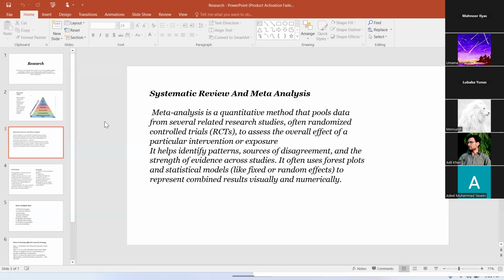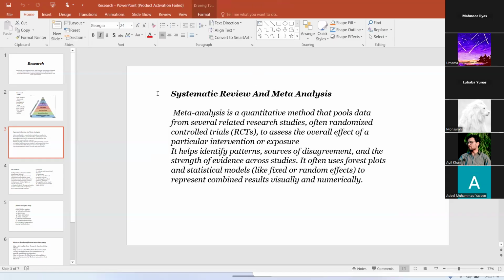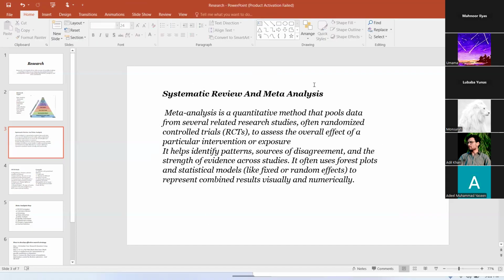So, in order to pool all the studies and give cumulative results to the community, we perform systematic reviews and meta-analysis. For example, if I'm doing a meta-analysis on metformin in type 2 diabetes patients, I'll be compiling all the studies according to my choice.